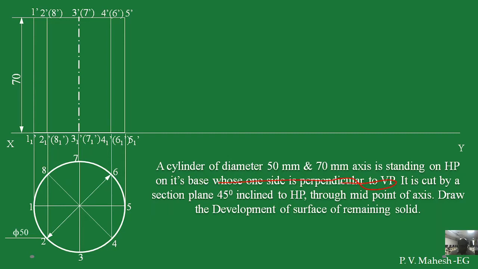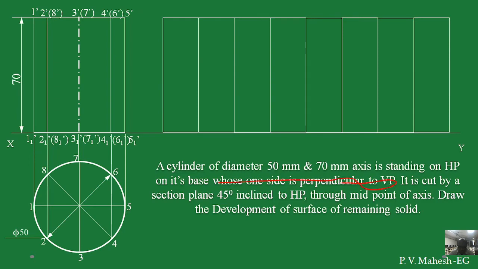Now as we have discussed, without cutting the section plane, the development will be a simple big rectangle. Now you can ask me why we have shown rectangles, and what is the length of this rectangle. It is approximately equal to this length, this length and this length is approximately equal.